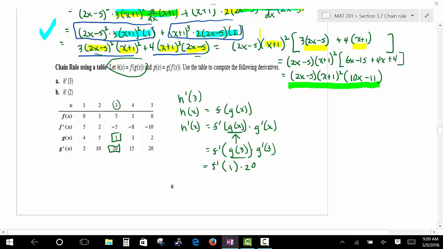Okay, so we have f prime of g of x, and then multiplied by g prime of x. So what you're going to end up having is f prime of 1, and we do have to do that also. Here's 1. What's f prime of 1? 5, okay? So it's 5 times 20, so it's 100.